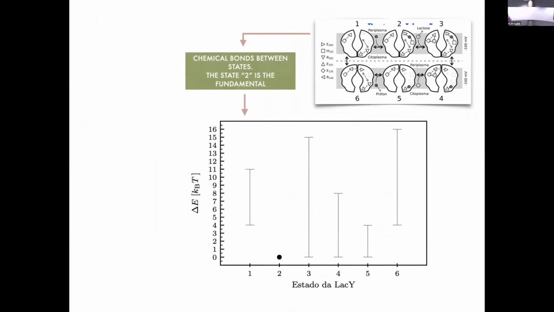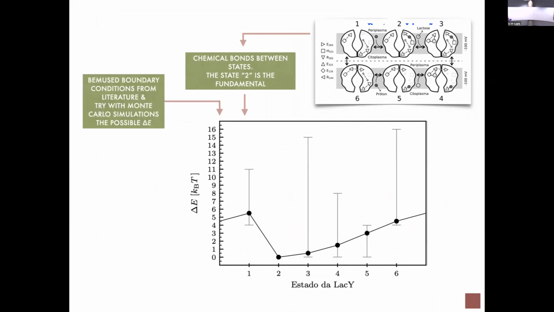This is the initial energy of all of them, the six states, and then when we put the code to run, it starts to search, and then we find this: the final graph of the difference in energy between the states.